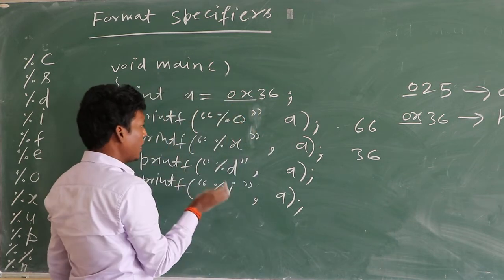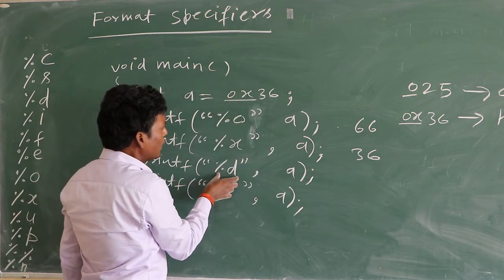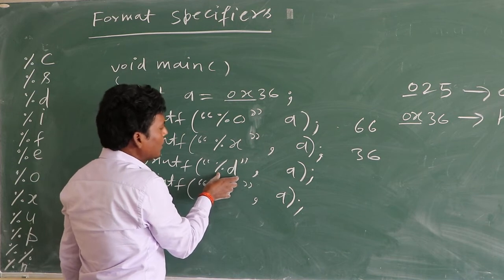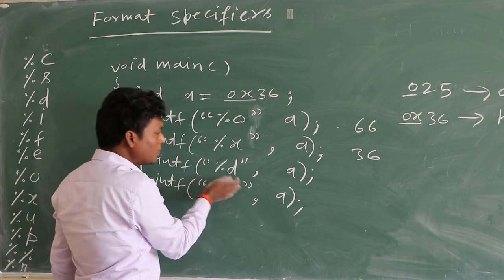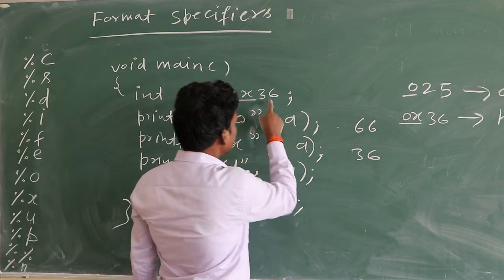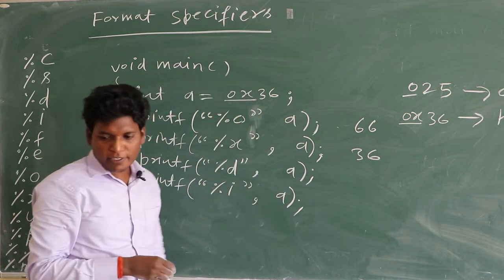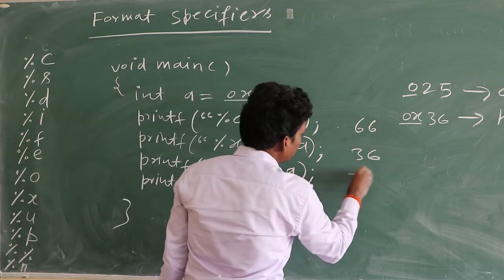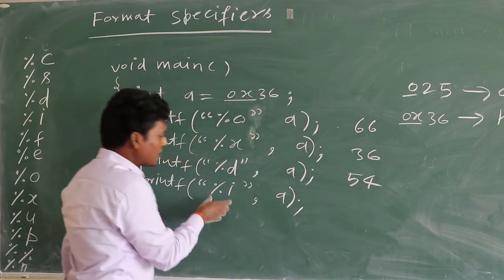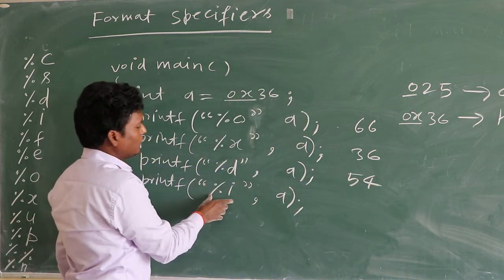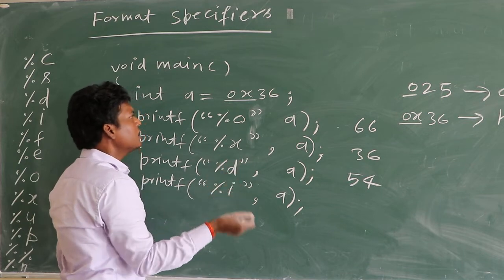%d prints the integer in decimal number system, in signed decimal. So this hexadecimal 36 is converted into decimal number system, that is 54. And %i also prints an integer number in signed decimal.